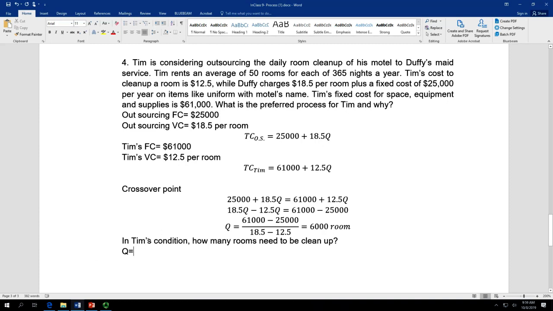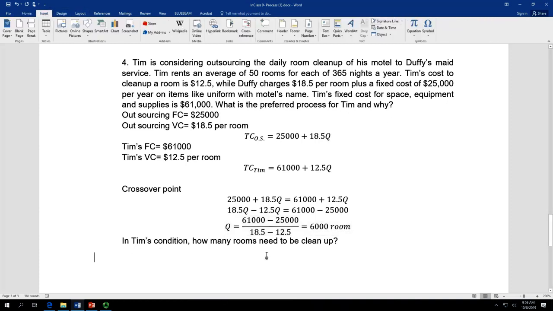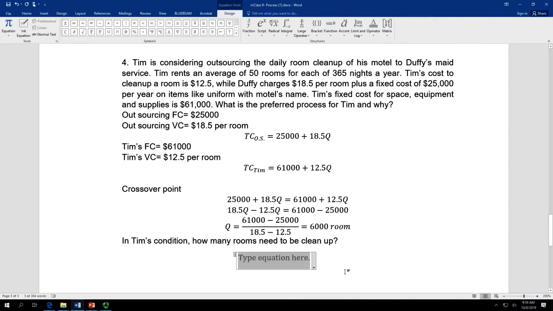So in a year, it is 365 times 50. I want to use an equation because I think the equation is beautiful in the document over here. So I write the equation, Q equals 50 times 365 per year.